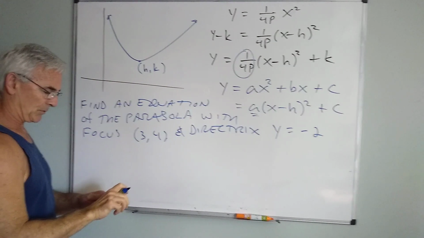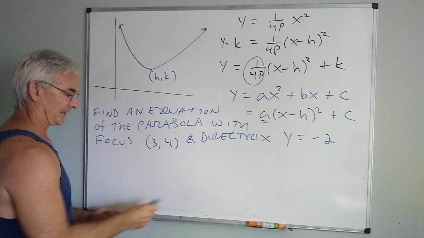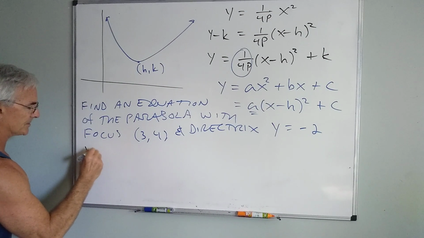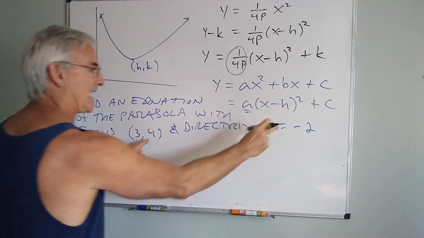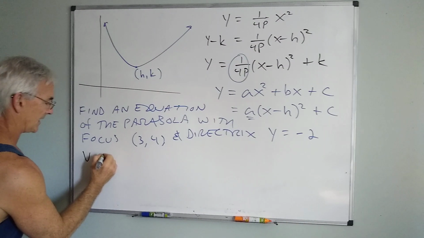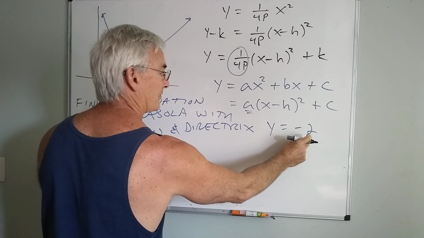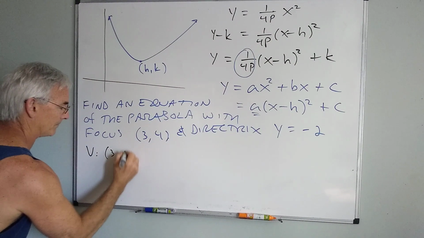The first thing we want to do is find the vertex, because that's two-thirds of the answer. So the vertex is going to be the point that's exactly halfway between these two. We see the x-coordinate will still be 3, and then the y-coordinate will simply be the average of 4 and negative 2, which is 1.